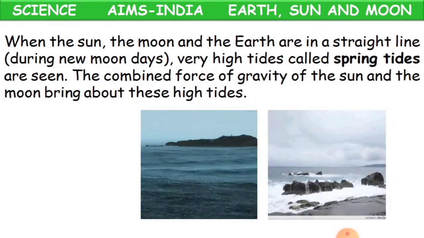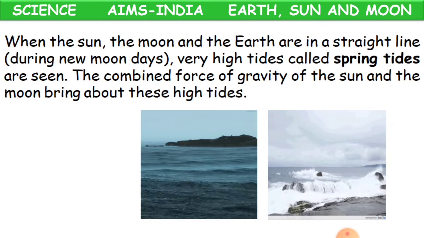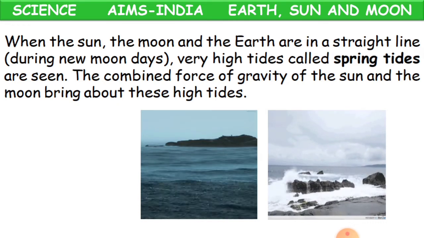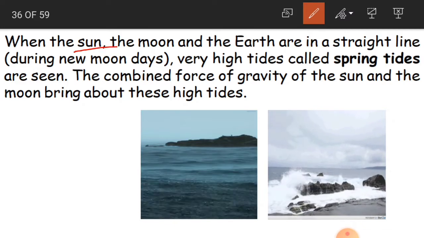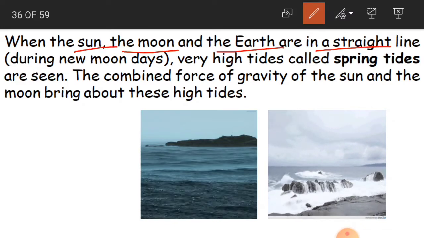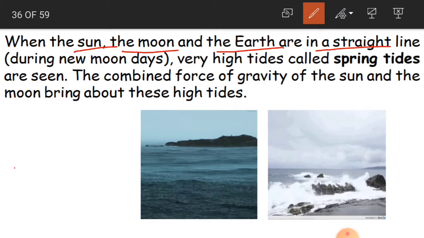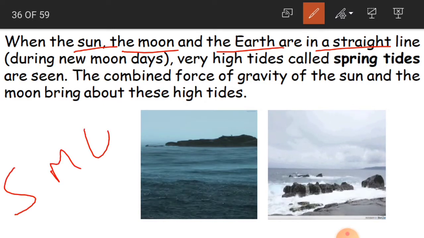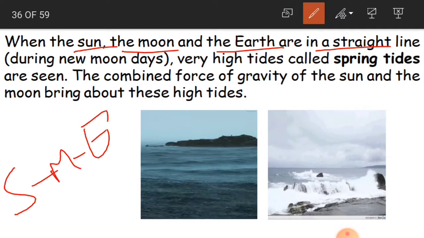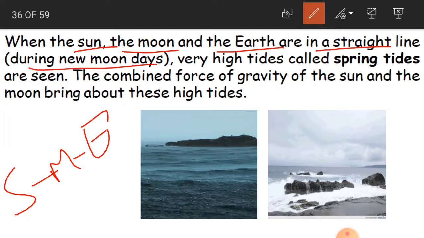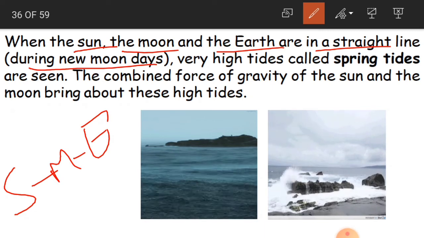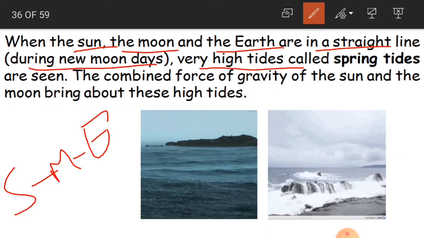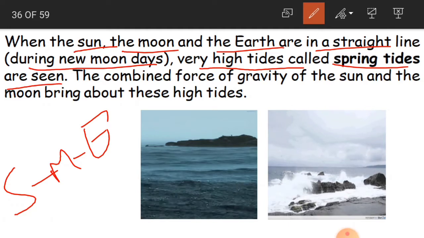Clear, children? Now, when the sun, the moon and the earth, these three celestial objects, are in a straight line, especially during new moon days, very high tides called spring tides are seen.